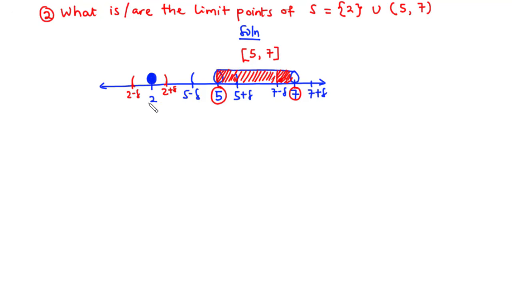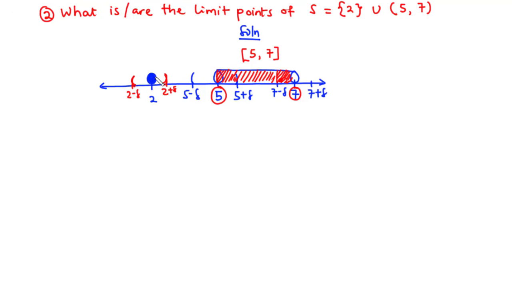Now if we find the intersection between this open interval 2 minus delta, 2 plus delta, and S, you realize that the only element of S here is 2. All these elements between 2 and 5 are not contained in S. The only element of S is 2.